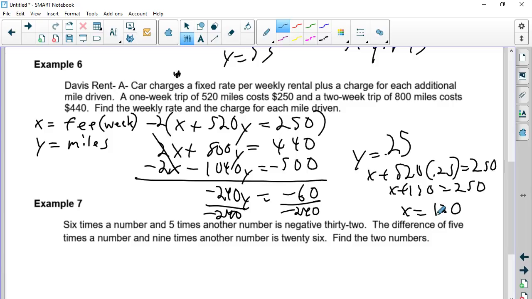So that means it costs $120 per week plus 25 cents per mile.